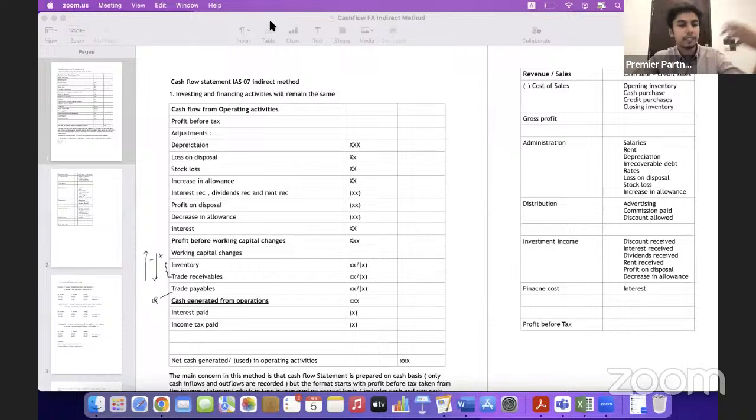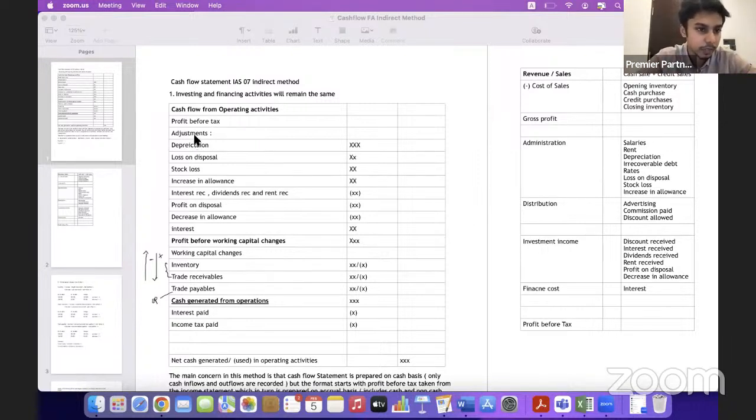Now, normally, guys, in our advanced level, when it comes to adjustments, we should write these transactions ourselves. But in your exam, it's not like that. They will tell you what comes in adjustments. They will type all these and give it to you. So you just have to search it. That's it. Got it? Even under investing activity and financing activity, the examiner will tell you what's coming. Your duty is just to search the transaction. So guys, you just need to know the theory part.